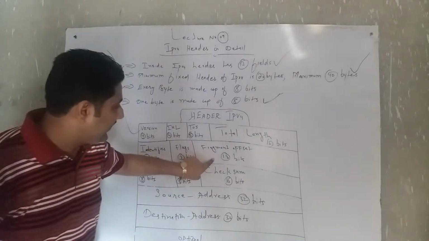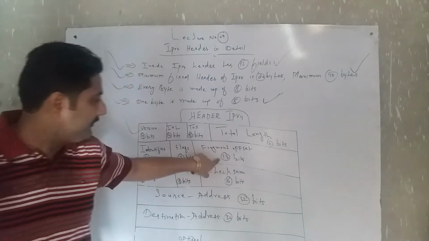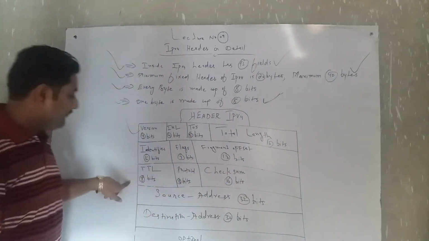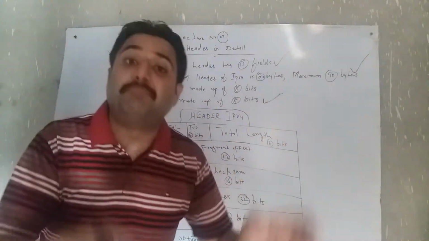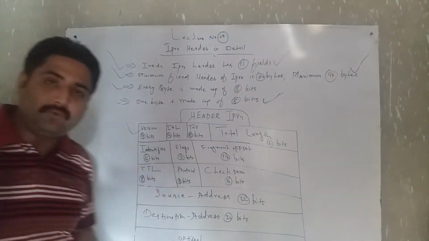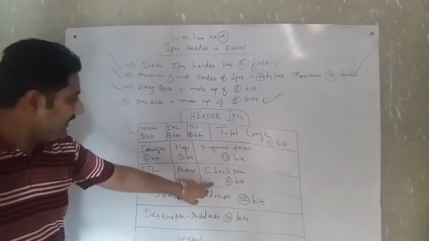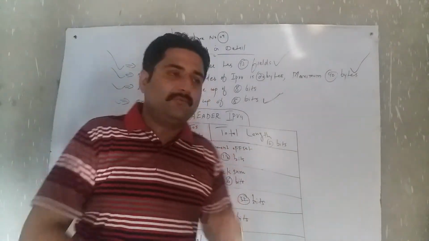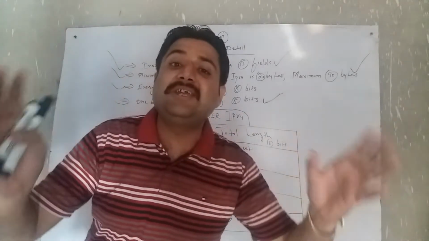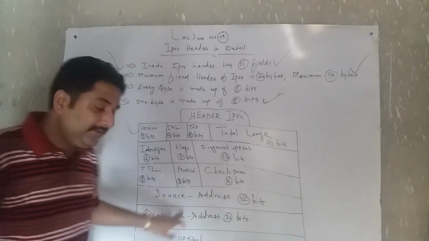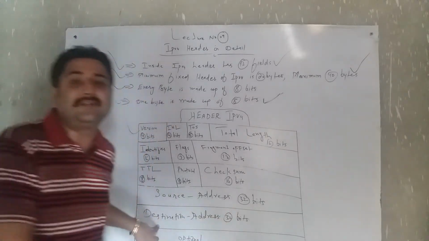Then fragment offset, which is 13 bits. Then TTL, which is 8 bits. Then protocol, which is 8 bits. Next checksum, which is also 16 bits. And the last two are the source address and the destination address.